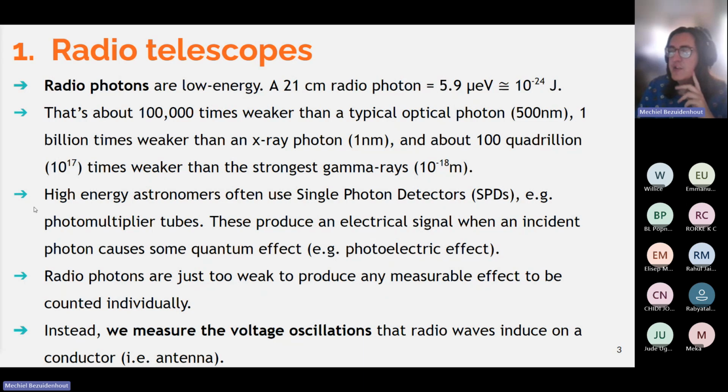So high energy astronomers, who are looking at X-rays and gamma rays, can use single photon detectors, such as photomultiplier tubes.